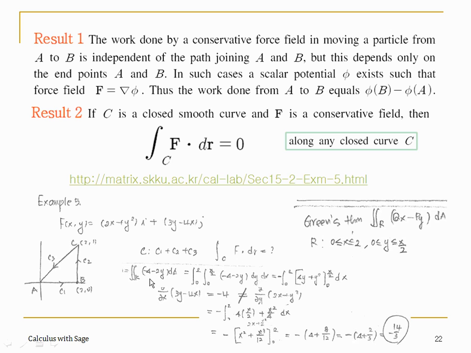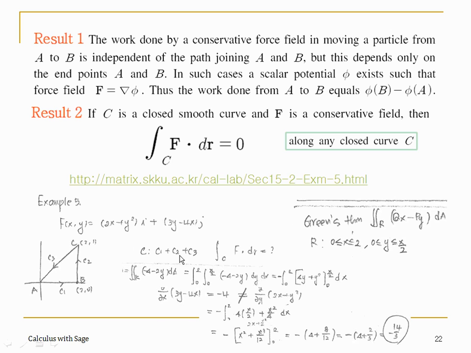This can be found from here to here, and from here to A. This can be written this way, and this can be written this way, and this can be found as this.